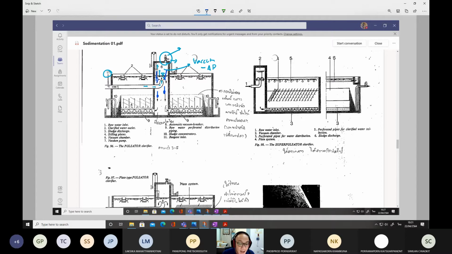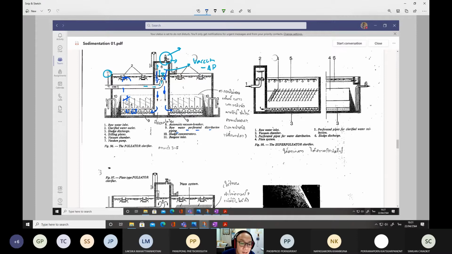Once it moves down, it moves to number 9, the perforated distribution pipe. Water flows through this pipe and then moves like this, overflowing to this channel.